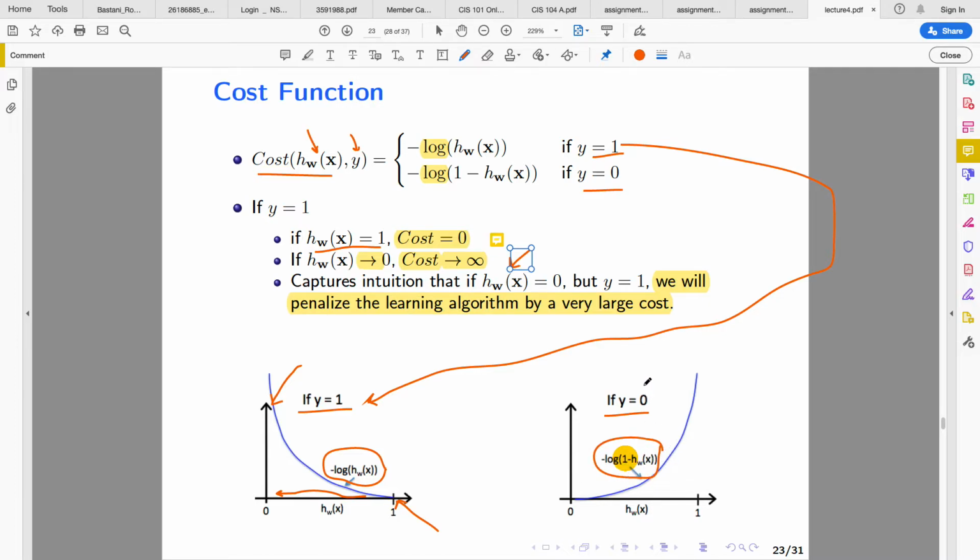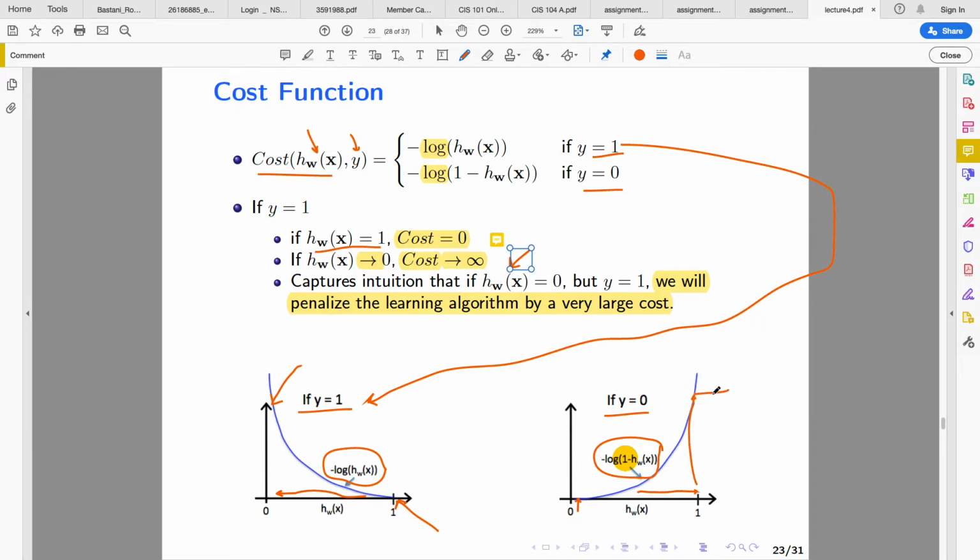That is, if the actual target is 0, we expect that h of w will also give us 0 or something near 0, which means that the value of our cost will also be minimal, very close to 0. But if h of w gives us something that is large, getting close to 1, then the cost function will also be high.